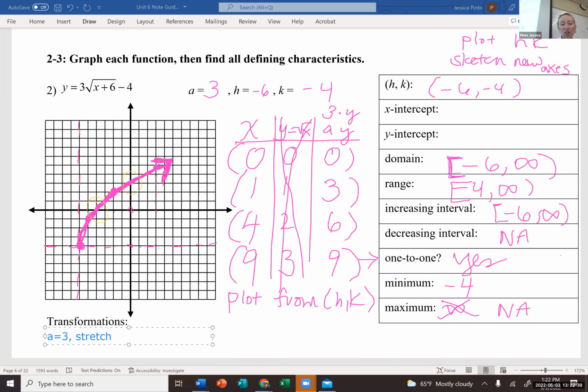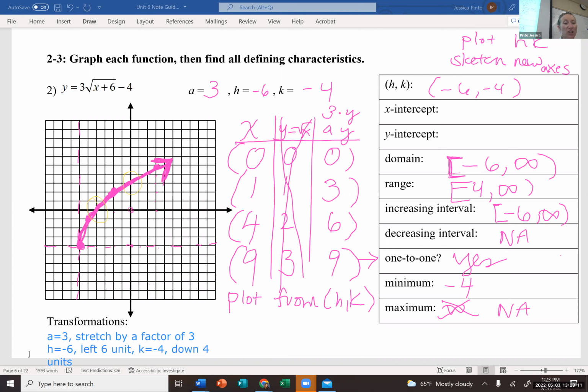Stretch by a factor of 3. Excellent. The H value is -6. What does that do to our function? Left 6 units. Excellent. The K value is equal to -4. What does that do to our function? Down 4 units. Excellent. We did it.